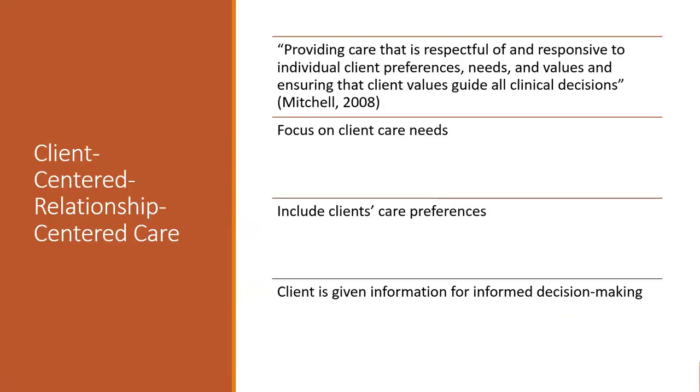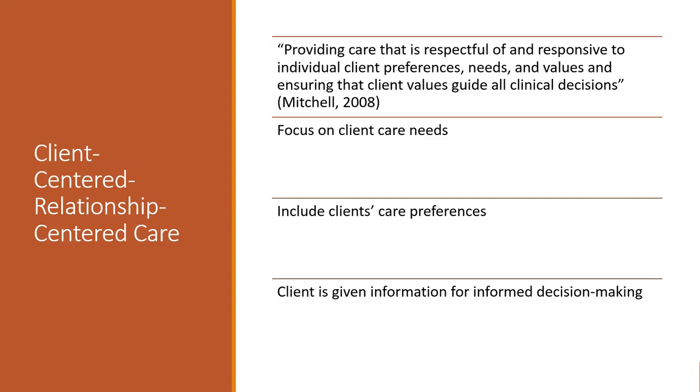All right. Client-centered, relationship-centered care. We want to make sure that we're culturally competent. What that means is we need to identify what we think and feel about culture, our own preferences. And then we need to find out more about the people that we're taking care of, and know that the things they value and their cultural preferences are probably going to be different from ours.